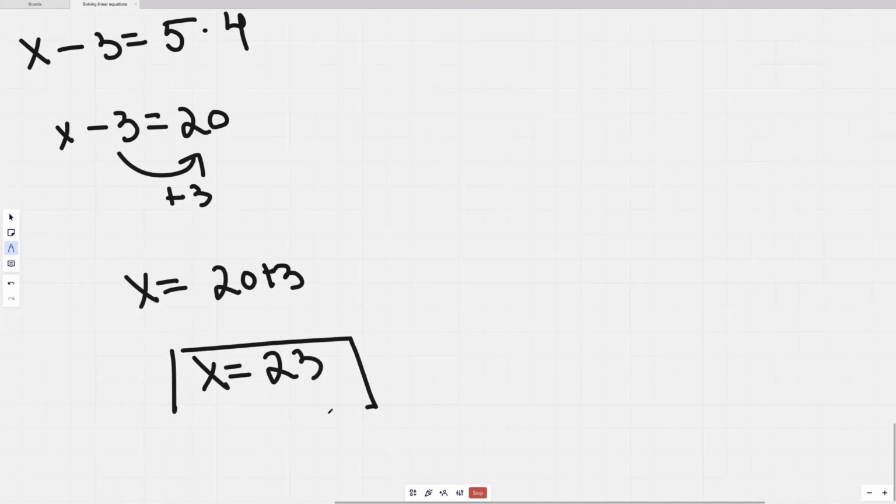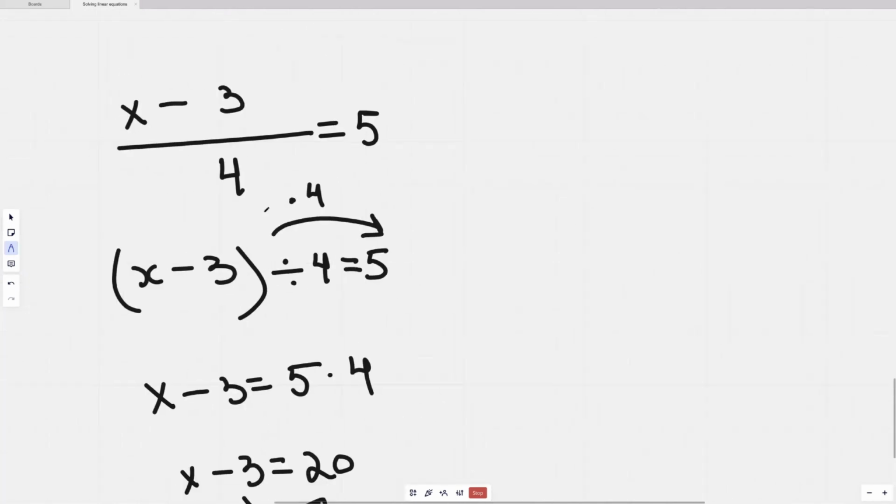This will be our final answer. The thing we have to do is recognize this is a dividing, and then multiply the denominator to the constant on the opposite side.